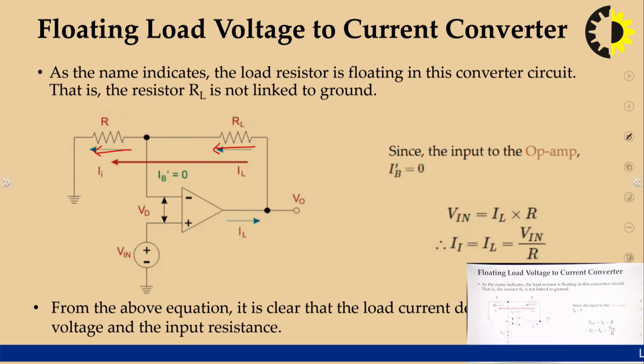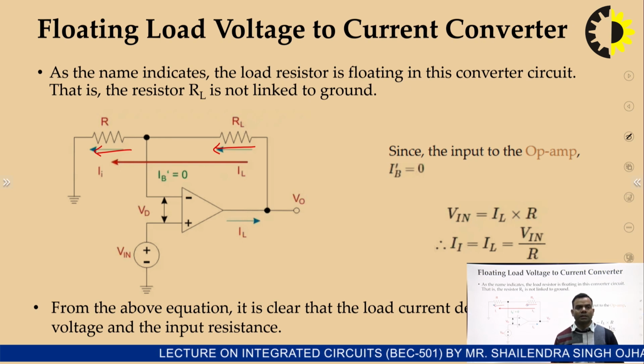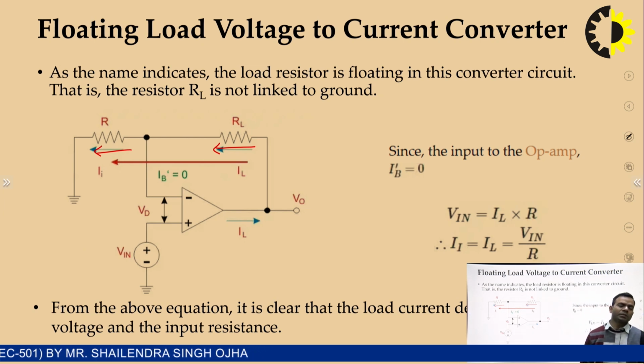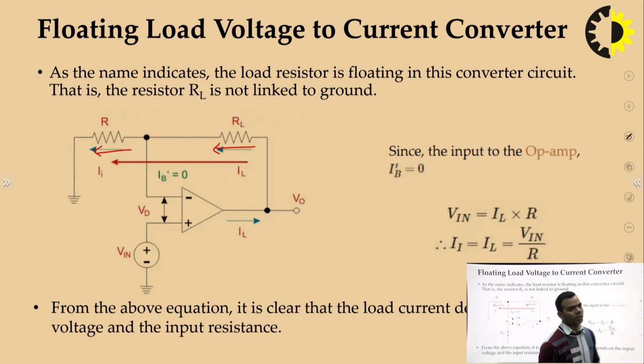Remember that you can consider the reverse direction of current also, but then other parameters like II and IL will be modified. In this case, V naught minus V in upon RL is equal to IL.